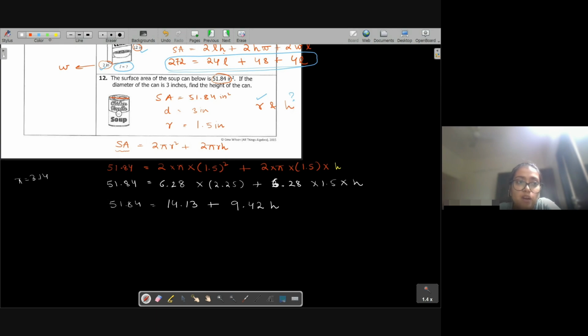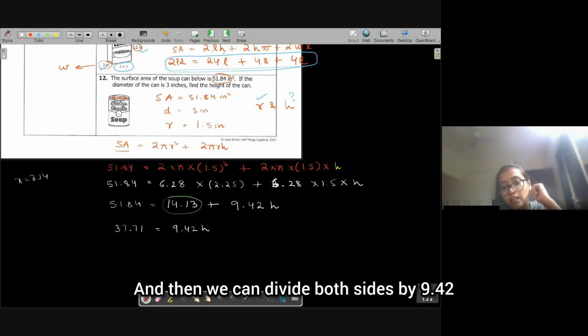So we can subtract this number from both sides. 51.84 minus 14.13 gives us 37.71. And then we can divide both sides by 9.42.